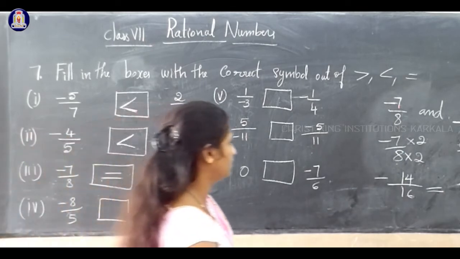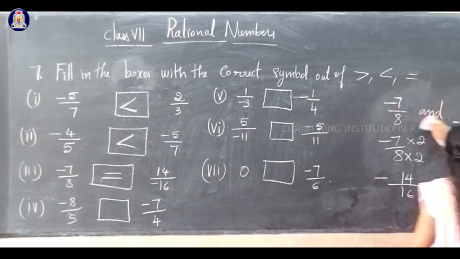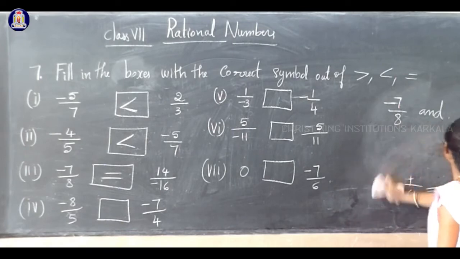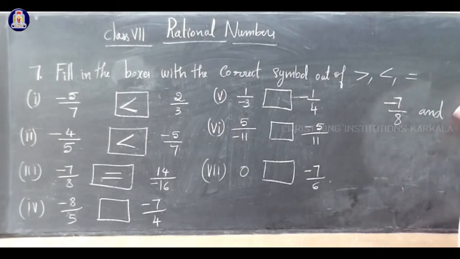One more method. Understand how we can simplify this one? Minus 7 by 8 and plus 14 by minus 16. So plus, minus, minus. So 7 by 8, and here 14 and 16. These two numbers are divisible by the same number because both are even numbers.